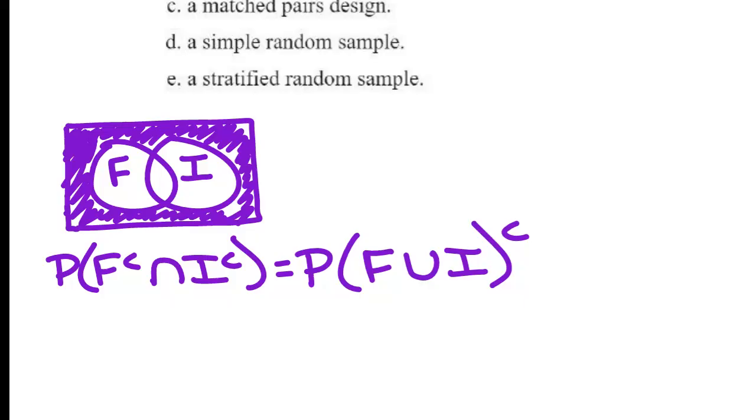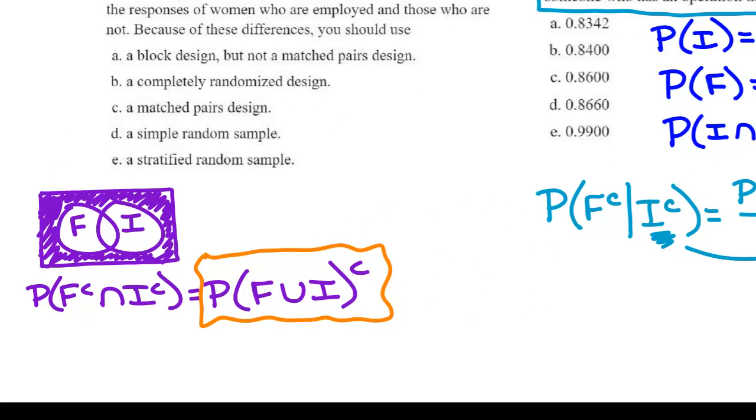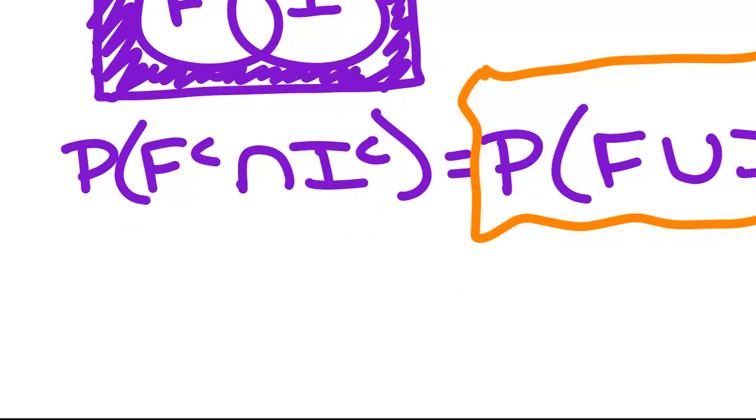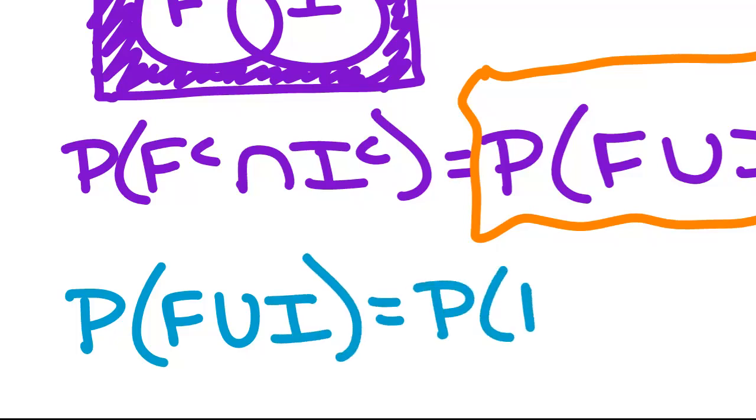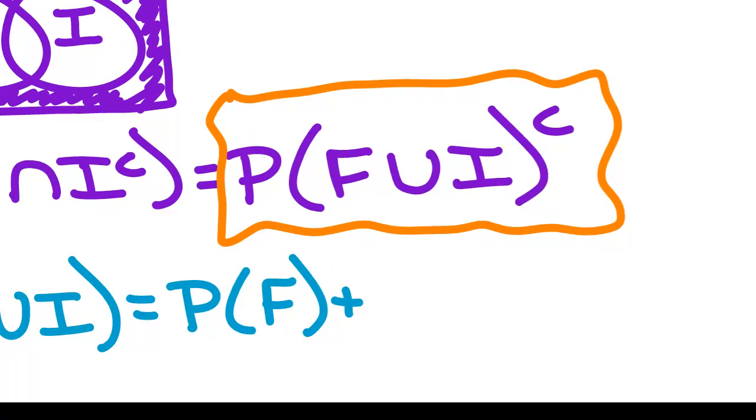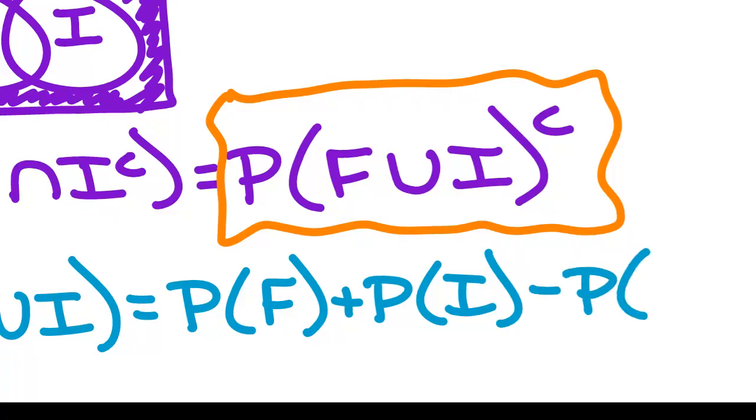So this I can find with what they've given me. I know that the probability of a union is equal to the probability of the first event plus the probability of the second event minus the probability of their intersection.